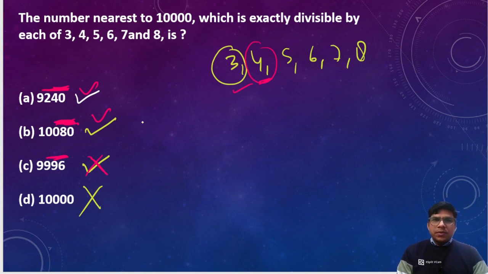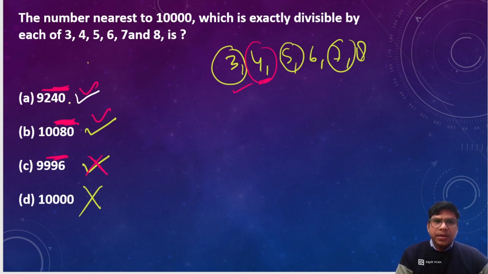If we divide by 5, both options A and B are divisible by 5, so again we couldn't get our correct answer. Similarly, if we divide by 7, these two options are exactly divisible by 7.